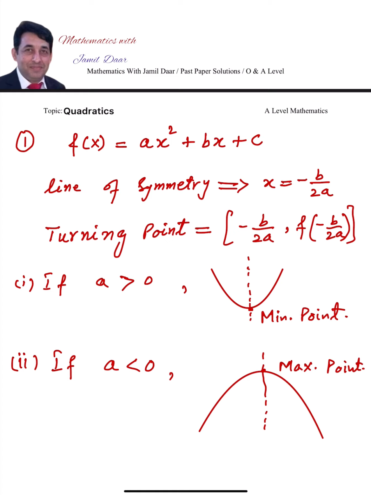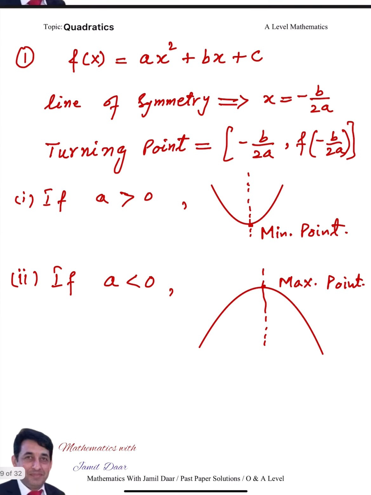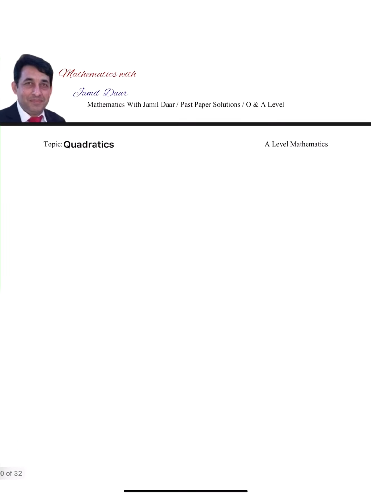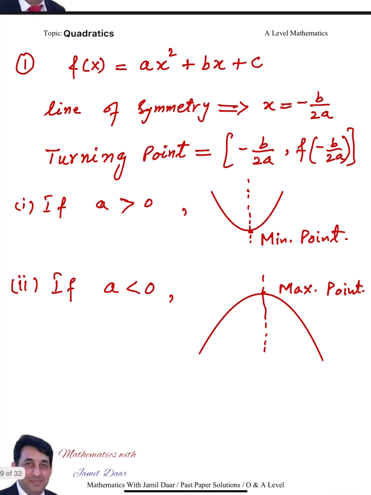Let's solve an example for this. Hope you have understood. a is the coefficient of x square, b is the coefficient of x, and c is the constant. The line of symmetry is x is equal to minus b over 2a, and that is the x-coordinate of the turning point.